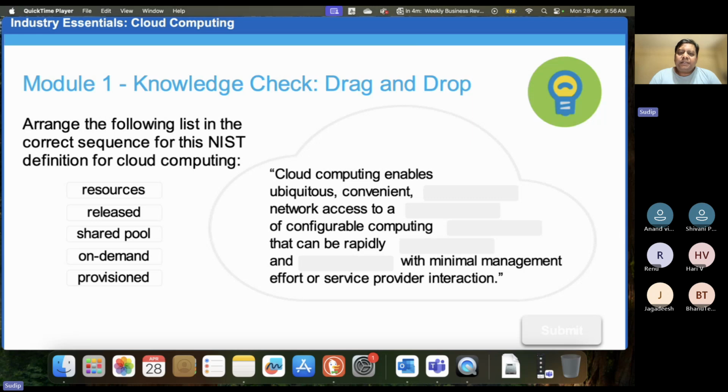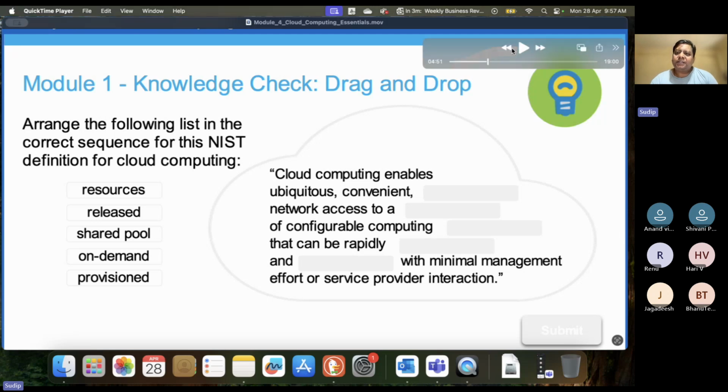Cloud computing enables ubiquitous, convenient, on-demand network access to a shared pool of configurable computing resources that can be rapidly provisioned and released with minimal management effort or service provider interaction. So all the characteristics of a cloud. That is what it is.